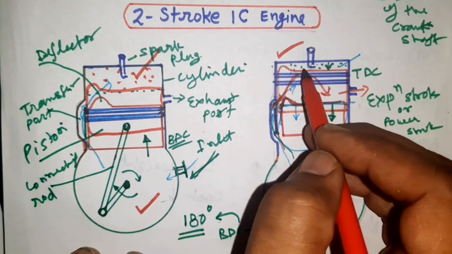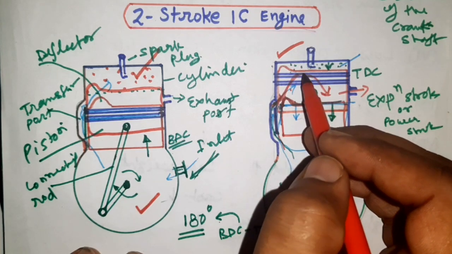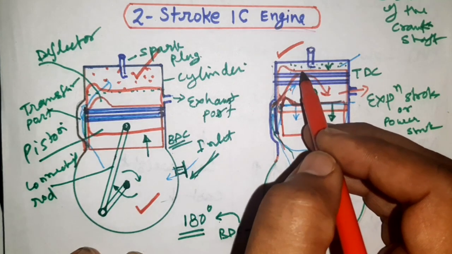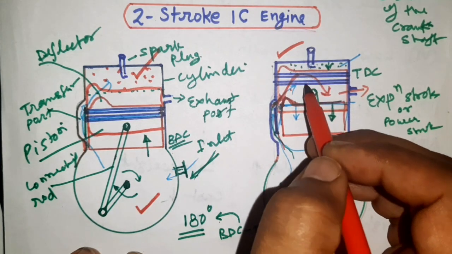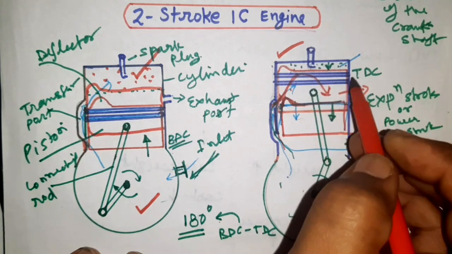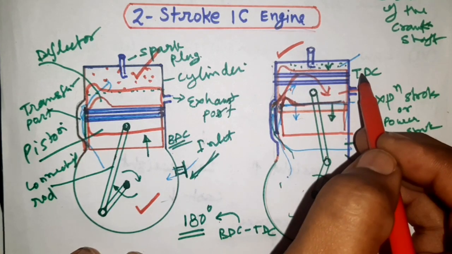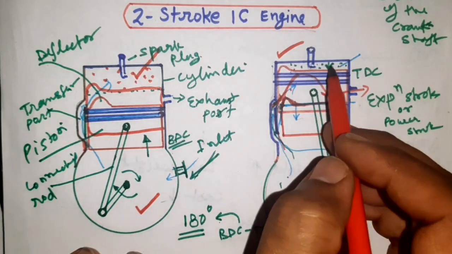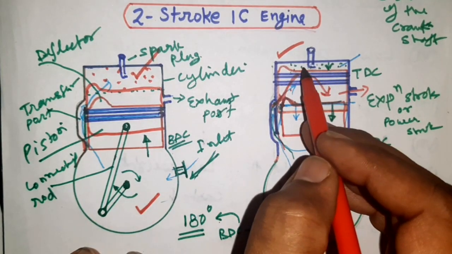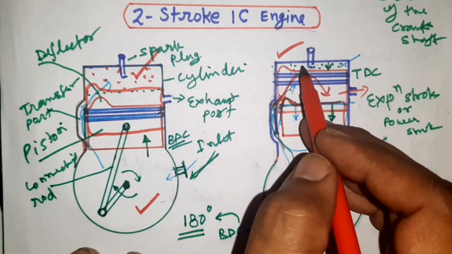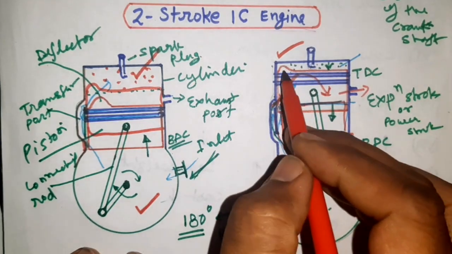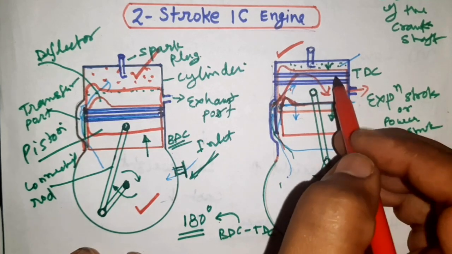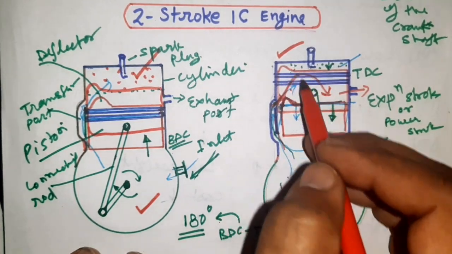Due to the combustion of fuel, the burnt gases push the piston in the downward direction. So the piston moves from TDC to BDC, and this is the power stroke. Initially it was at the TDC location, and during this process the piston has reached here.